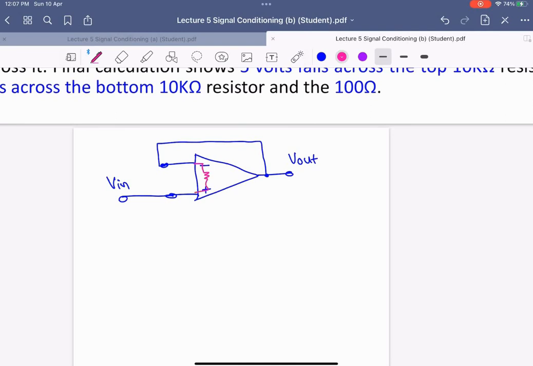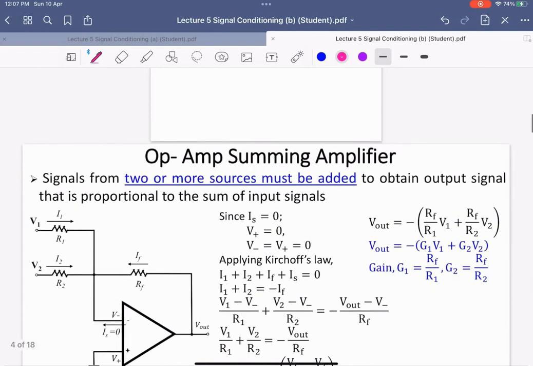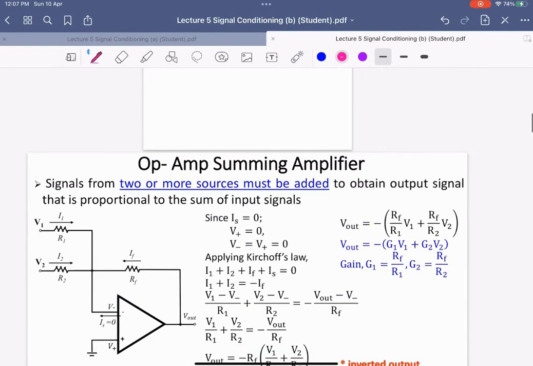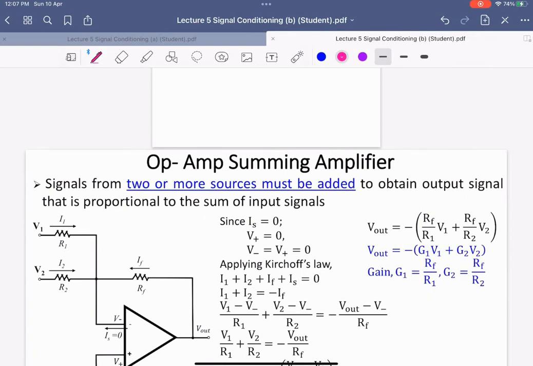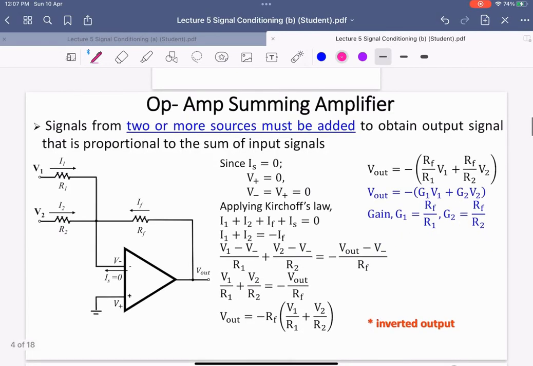Okay, alright. So the next one is the summing amplifier. Signals from two or more sources must be added to obtain an output signal that is proportional to the sum of the input signals. So that means you can have multiple inputs that go to the op-amp, right? Go to the inverting terminal here, which is minus, right?